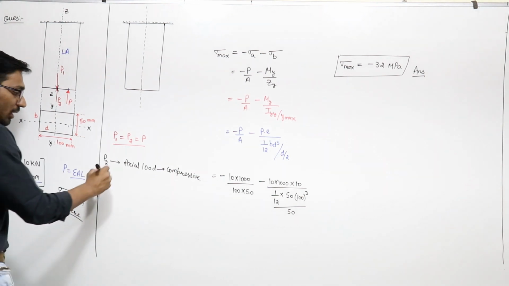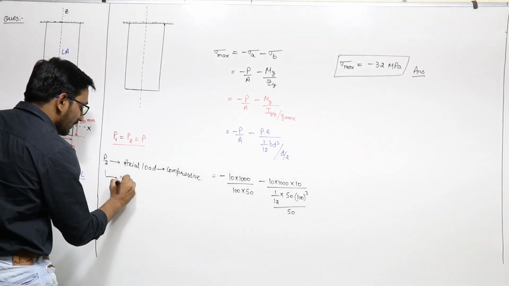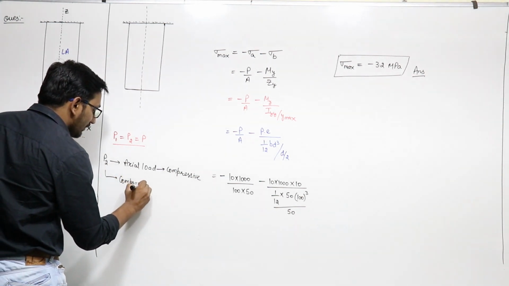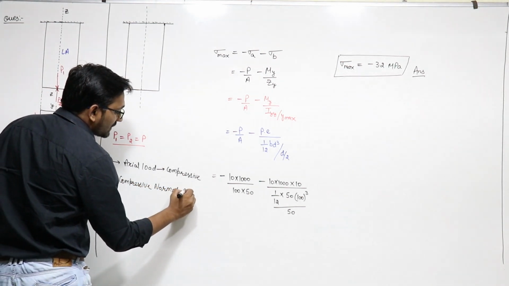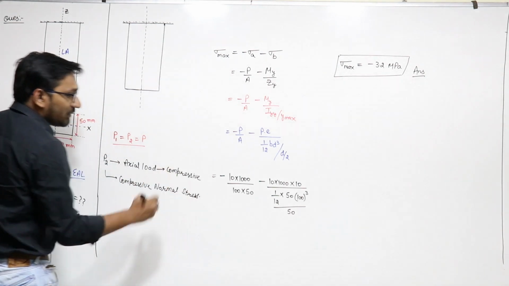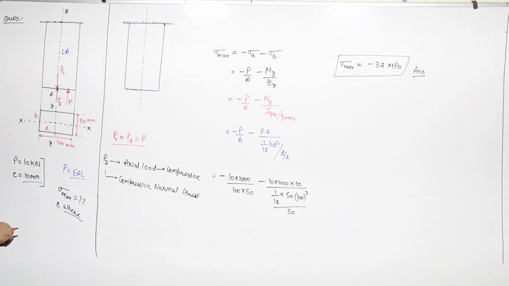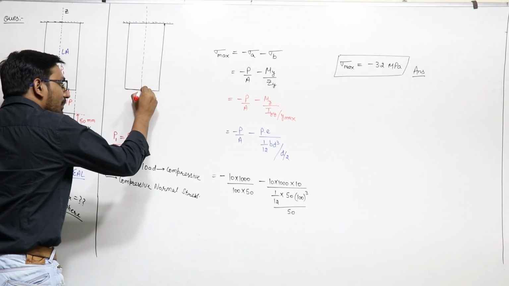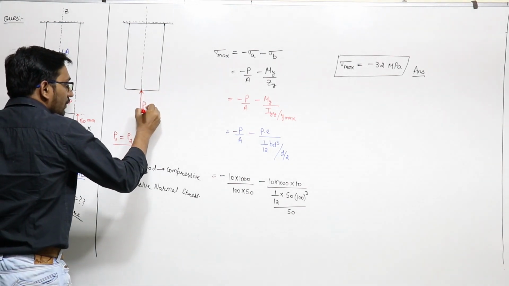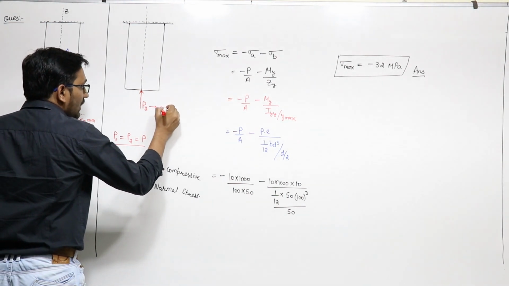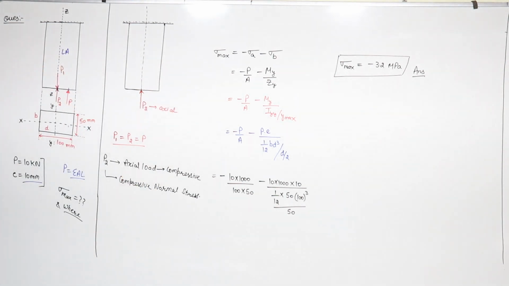Because of this P2 we have compressive normal stress on all the fibers. So if I write here, this is P2, which is an axial load.